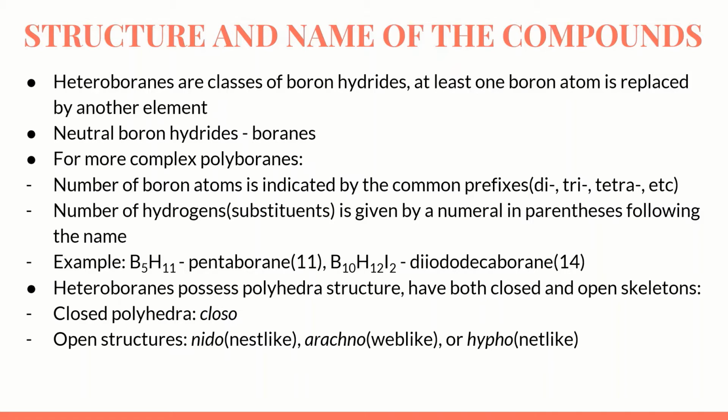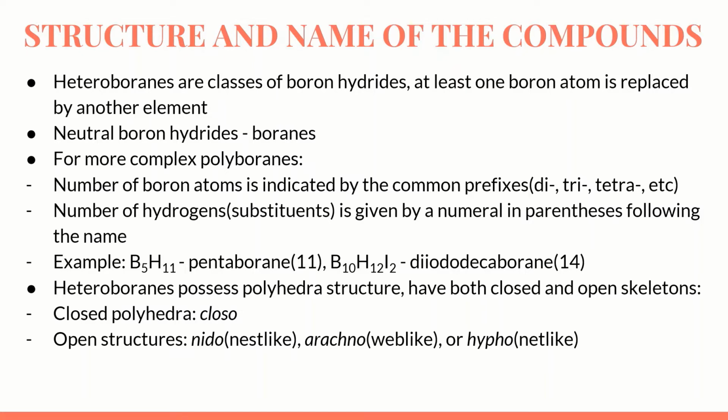Another example, we have B10H12I2, which is called diiododecaborane. Diiodo refers to 2 iodine atoms, decaborane refers to 10 boron atoms, and 14 in the parentheses refers to hydrogen and iodine as our substituents. 12 hydrogens plus 2 iodines equal 14 substituents.